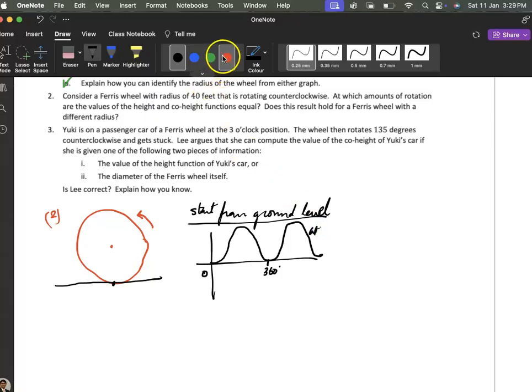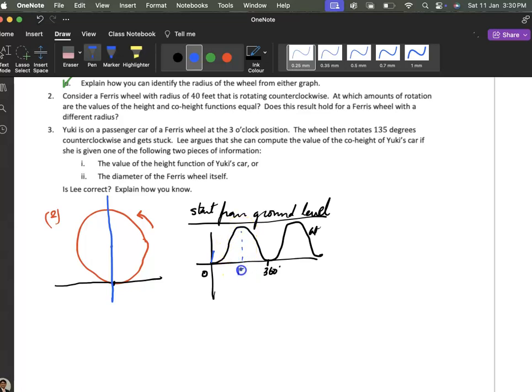Co-height. Now for co-height you have to take the distance from the blue line. So what is the first value? 0. Then it gets positive. Then 0. Then it becomes negative. So it's the same 0. Then where is it maximum? This is 180.